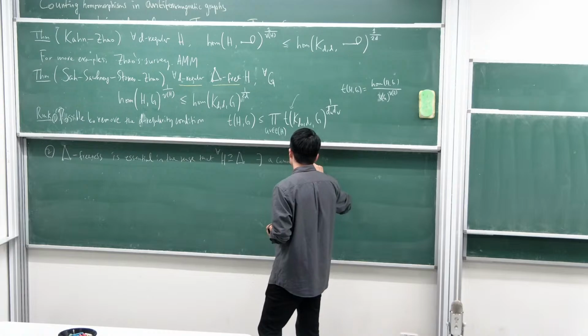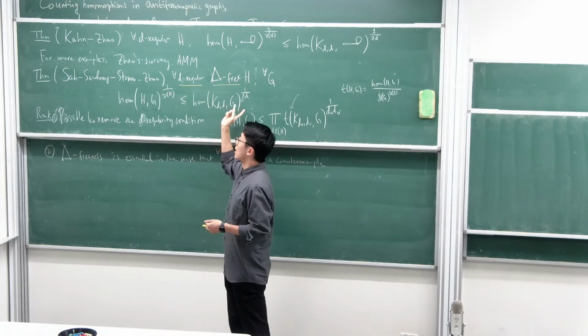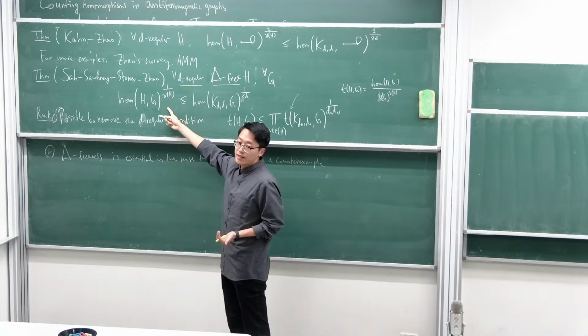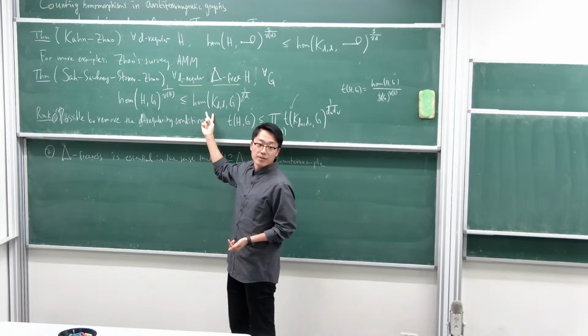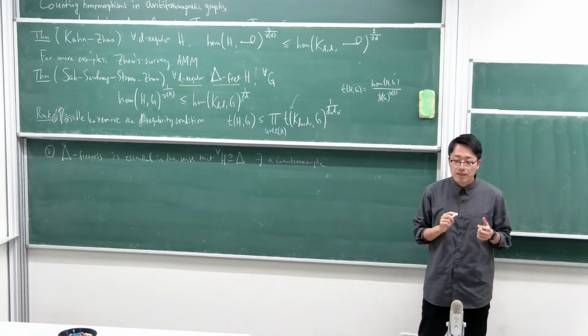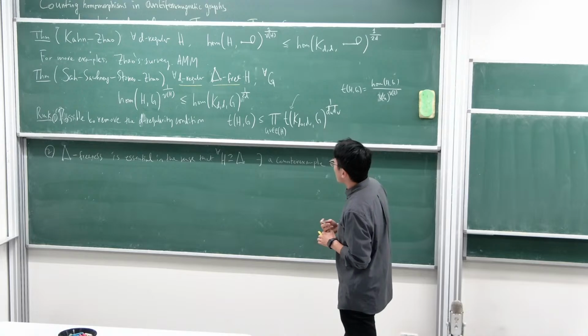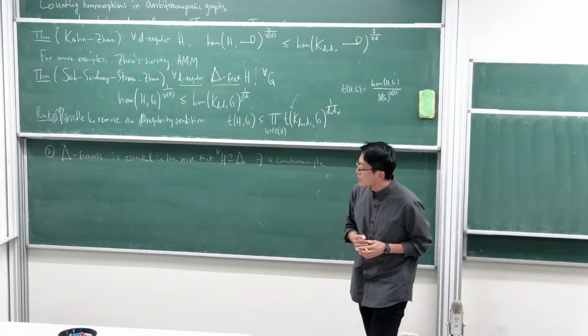By counterexample, I mean there exists some G that makes this left-hand side strictly larger than the right-hand side. So whenever your H has a triangle, this theorem doesn't work. Okay, so this is the result.